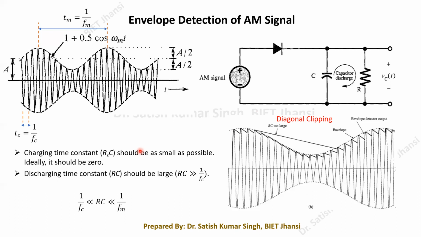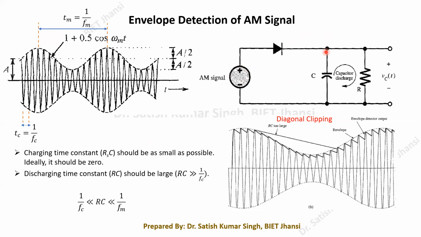In the charging time constant, Rs is the resistance offered by the diode in the forward bias condition. We are saying this should be as small as possible. Even if it is zero, there is no harm. Zero means the capacitor will charge quickly, and whatever voltage is applied will directly appear across the capacitor within no time.